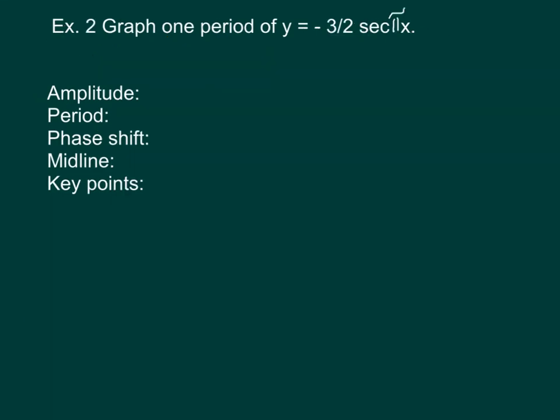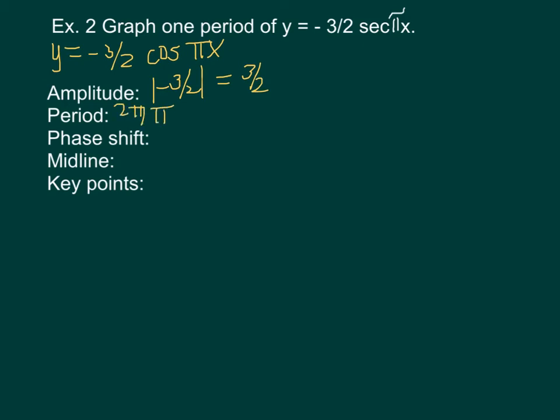Let's look at what happens when A is negative for the secant graph. Remember, we're really graphing cosine. So I'm going to do the absolute value of A, which is 3/2. Your period is 2 pi over B, which is 2.